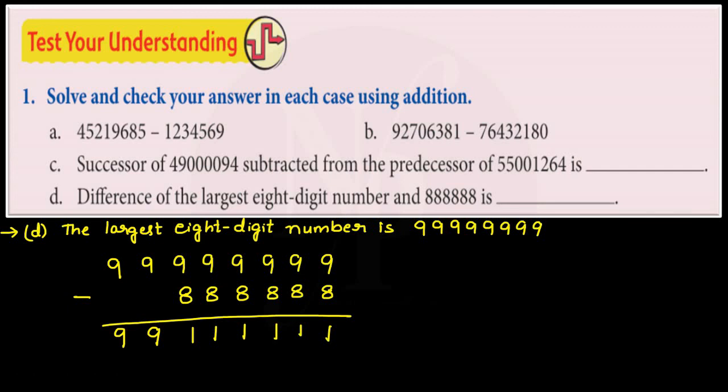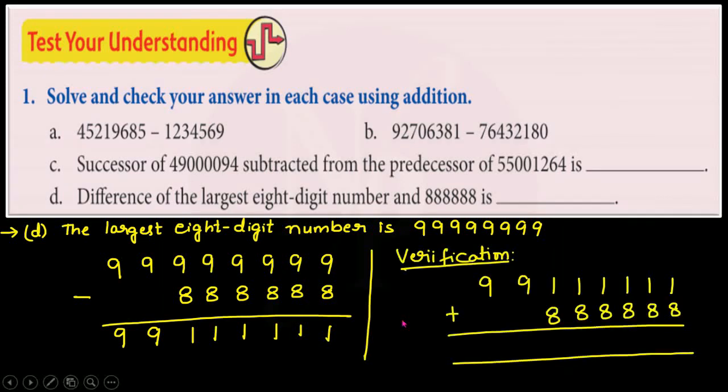Now let us verify our answer. Here I have written the difference we have obtained and the subtrahend for addition and verification. Let us add now. So here we have 1 plus 8, which is 9. Here too we get 9.